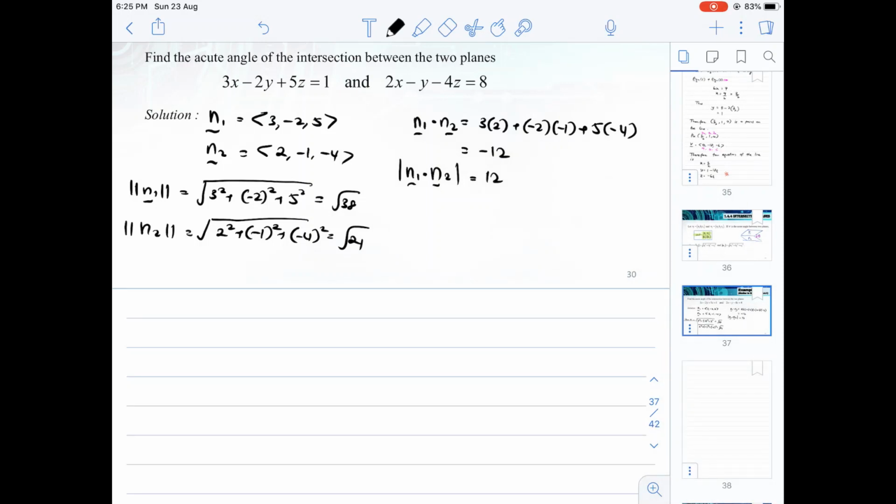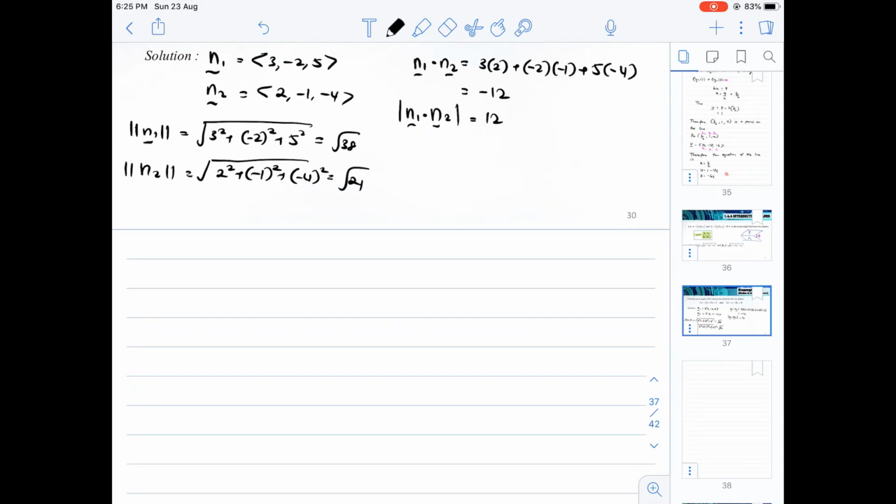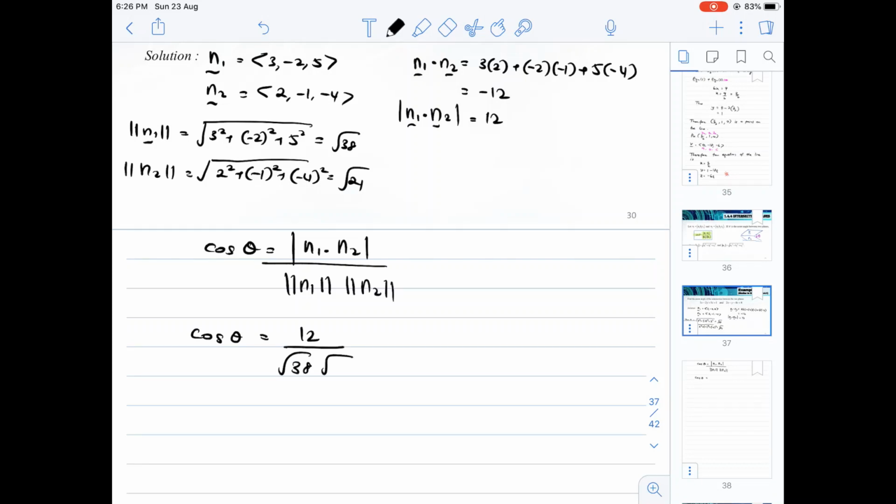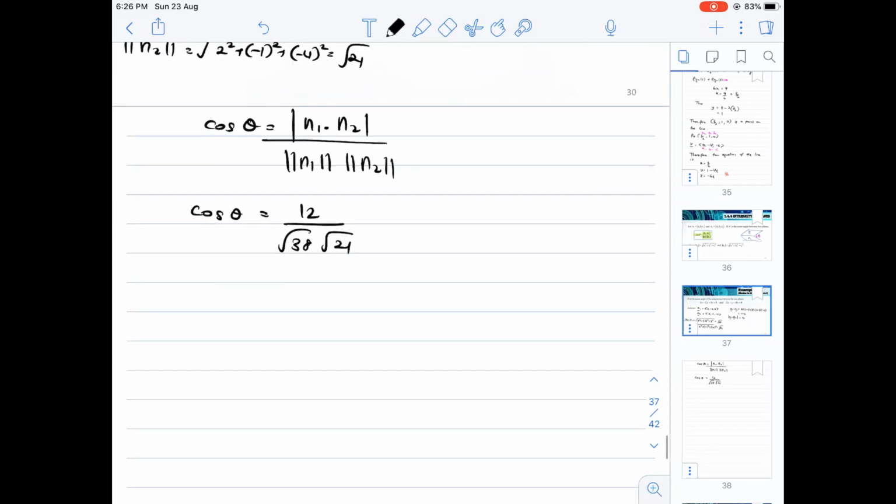Therefore, since the formula is cos theta equals modulus of n1 dot n2 divided by magnitude of n1 multiplied by magnitude of n2, cos theta equals 12 divided by square root 38 multiplied by square root 21.